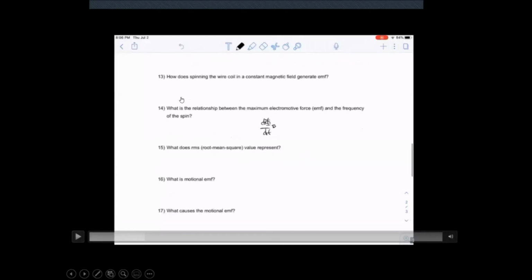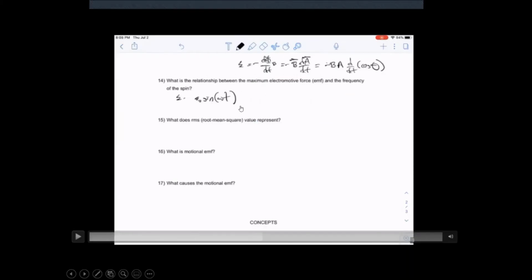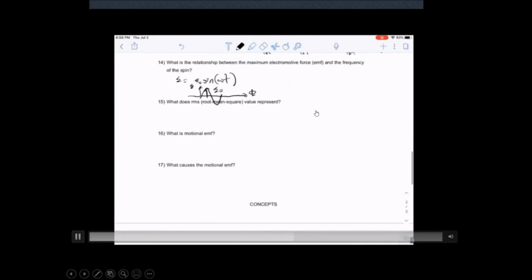When you spin a coil in a constant magnetic field, you're changing flux. Changing flux is what generates current. The faster you spin it, the larger the electromotive force is, and the bigger the current is. So the relationship between the maximum electromotive force and the frequency of the spin is a direct one.